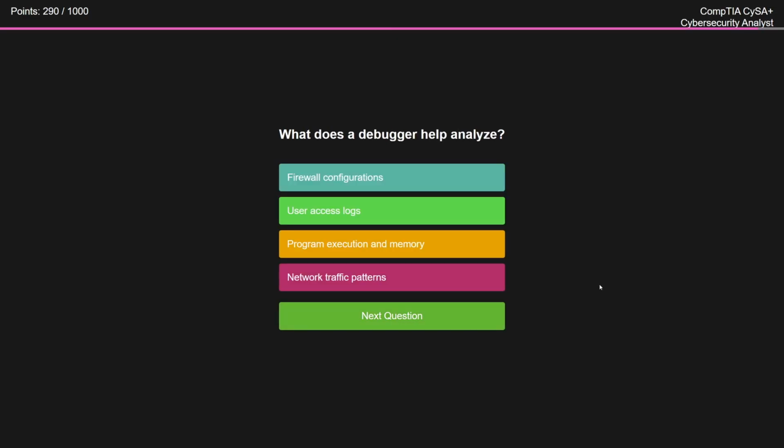What does a debugger help analyze? Firewall configurations, user access logs, program execution in memory, network traffic patterns. I'll let you choose your answer, but for me, it is going to be program execution in memory.